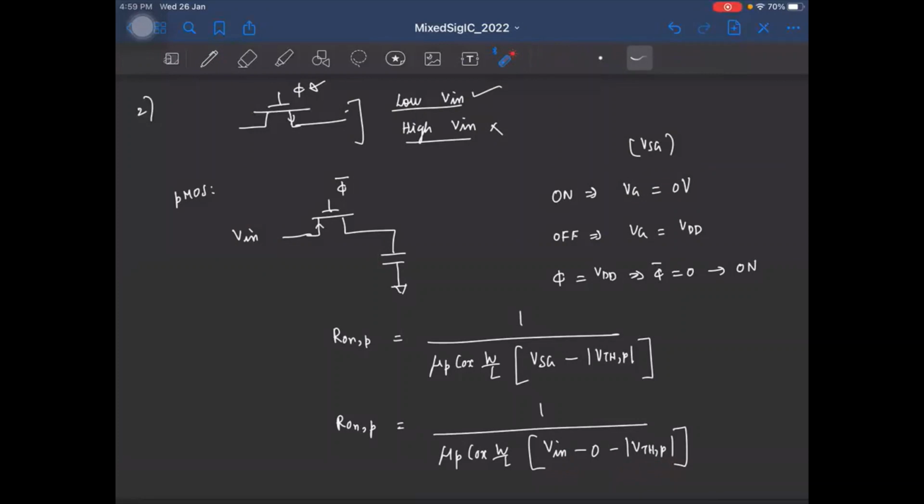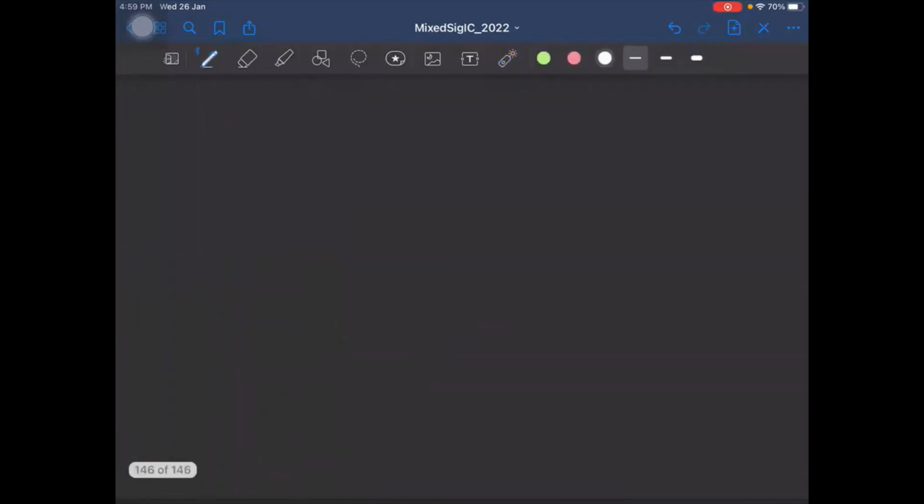Okay. So now we have two devices. One that is a good switch for lower values, right? From, let us say, for this range. In this range, NMOS is a good switch, and for higher voltages, PMOS is a good switch, right? So to make sure that we have a good switch over the entire range, what do we do? We combine the two, right?